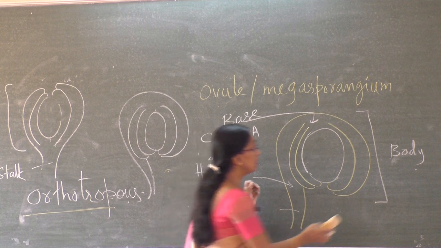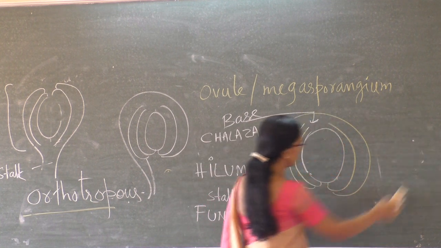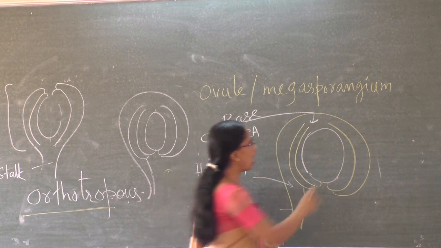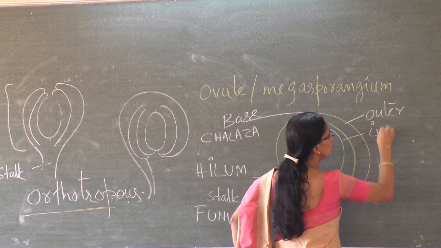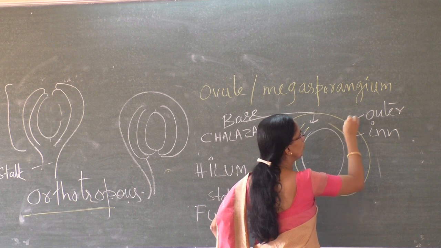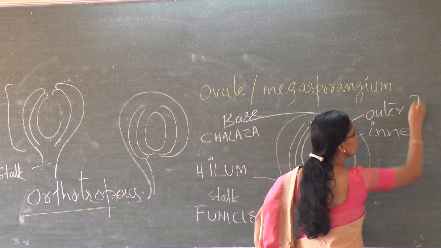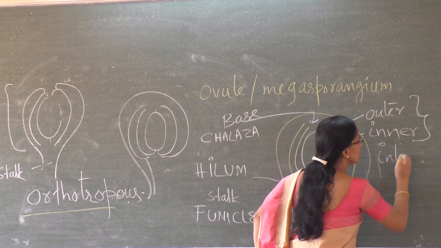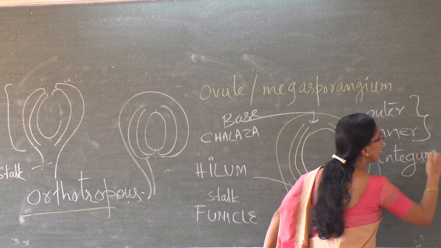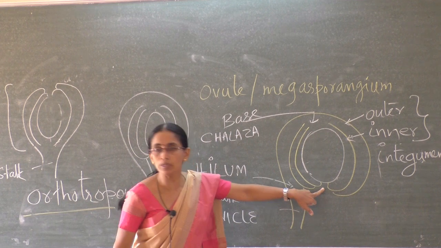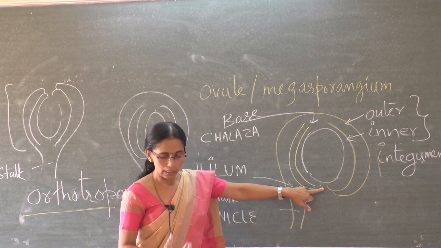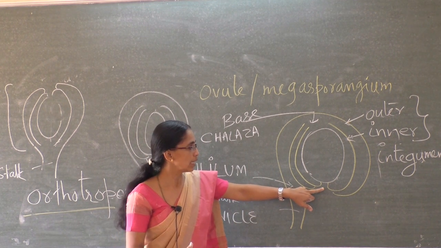Two protective layers, outer and inner, cover the ovule, which are known as integuments. These integuments do not cover the inner mass completely.